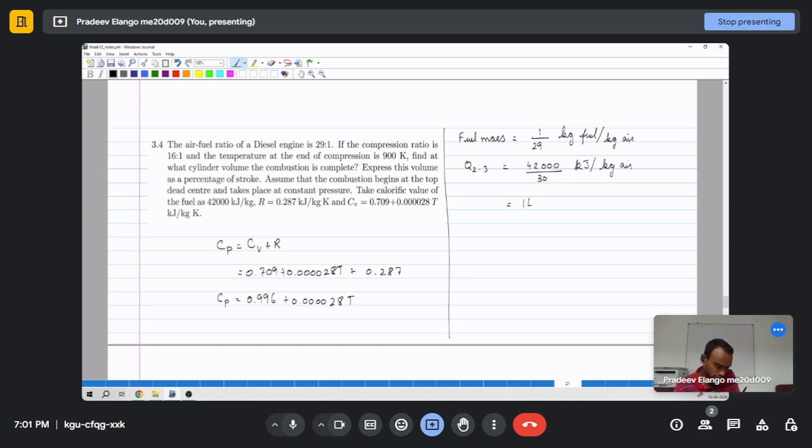So that is 1400 kilojoules. So we know Q is equal to the integral of Cp into dT between 2 and 3. So we have 0.996 plus 0.000028 T dT between the limits 2 and 3. So this is 0.996 into T3 minus 900, and so on.